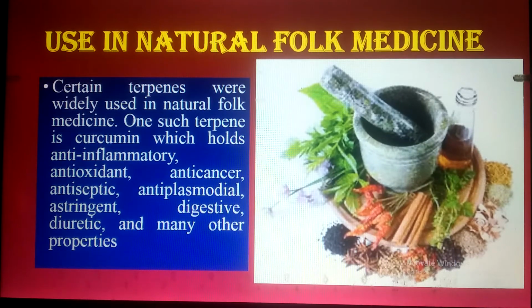So these are all the medicinal uses of the terpenoids, and terpenoids are used widely throughout the world in pharmacy for the synthesis of different medicines because of their properties as anti-cancer, antioxidant. If you have no concept about anti-cancer, antioxidant, you must search about all these terms.